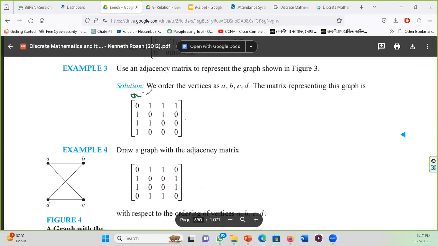It means A, B, C, D, and here also A, B, C, D. Clear? So from here you can see A and B is 1. That means A is connected with B. Then A is connected with C. A is also connected with D, right?